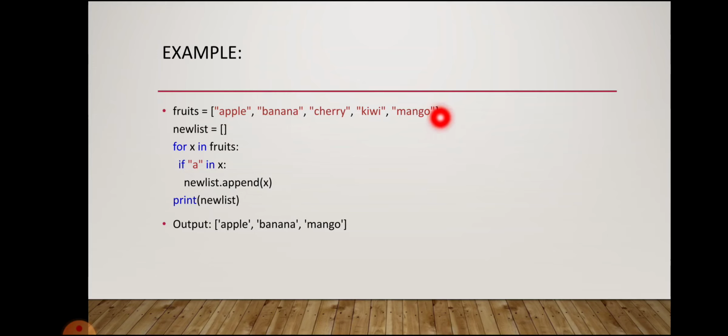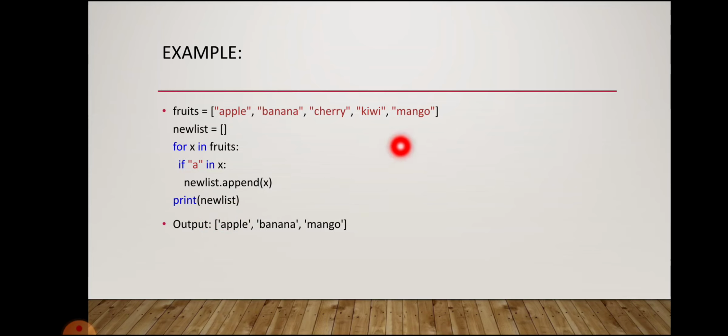We need to use a for loop to find the elements containing A in them. For x in fruits means it checks every element. If A is in x, then we append those elements to the new list and print the new list.